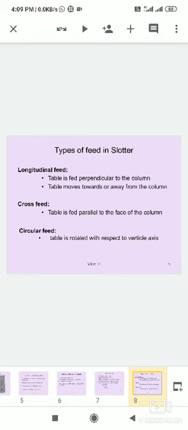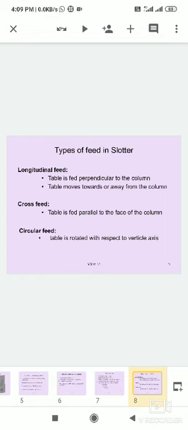In the first one, the work is mounted on the table perpendicular to the column. The table moves towards or away from the column. Work mounted on the table is fed perpendicular to the column. In cross feed, work mounted on the table is fed parallel to the column face.